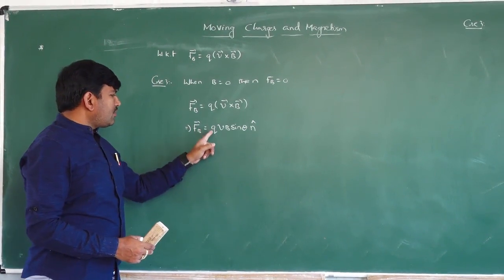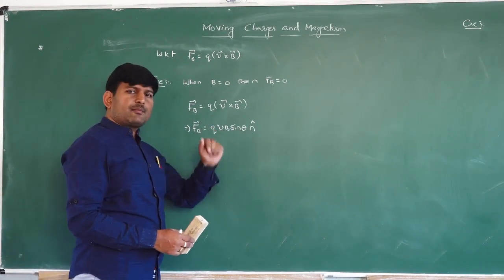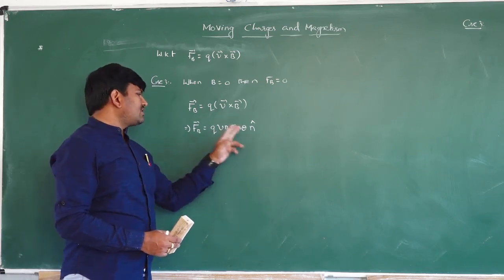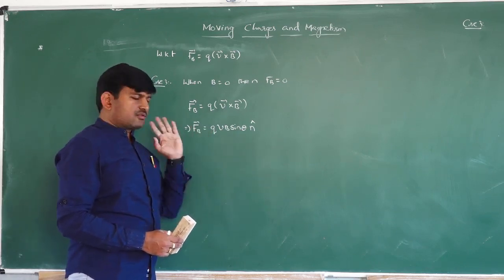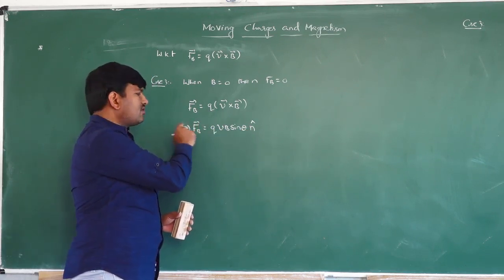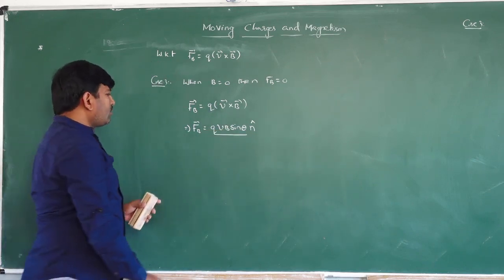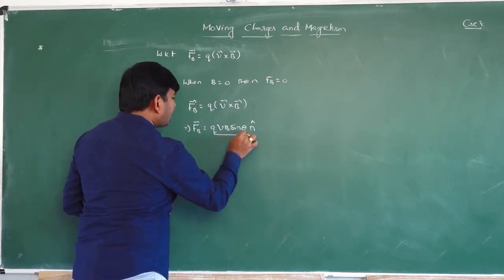Therefore, here BQV sin theta represents the strength of the magnetic force, while this n cap is a unit vector which is directed in the direction of the magnetic force. So n cap is a unit vector directed in the direction of magnetic force, and this will give the strength of the magnetic force.